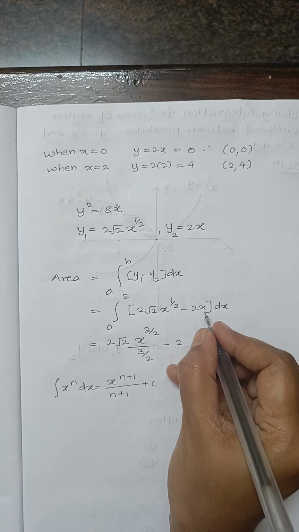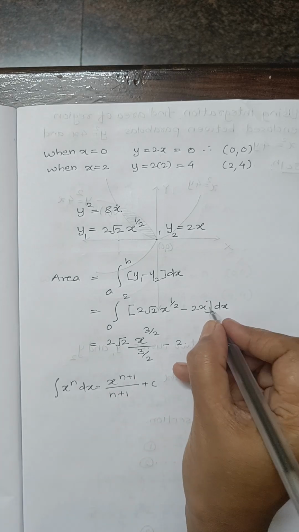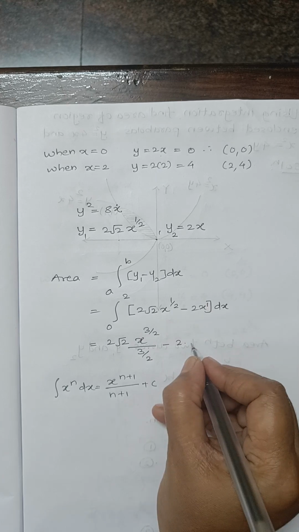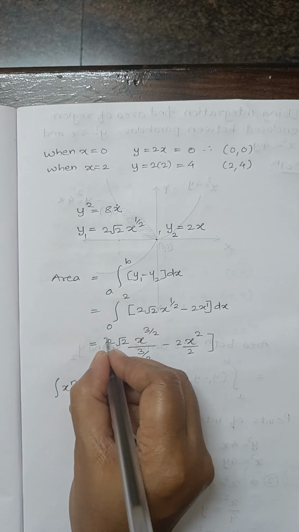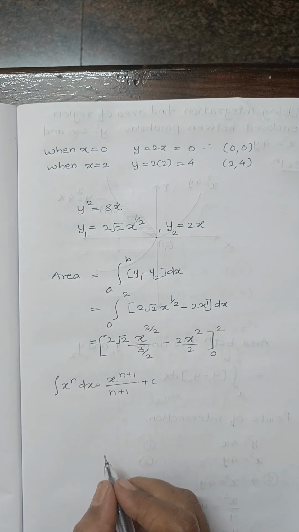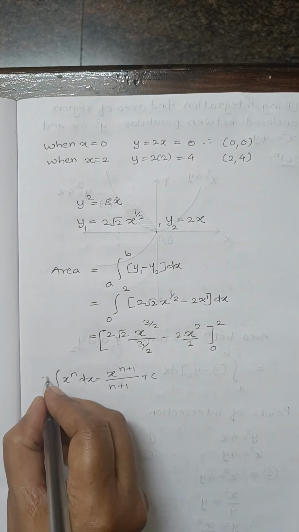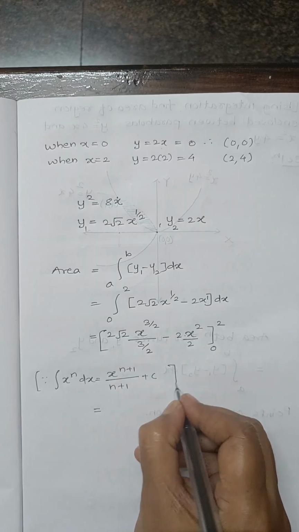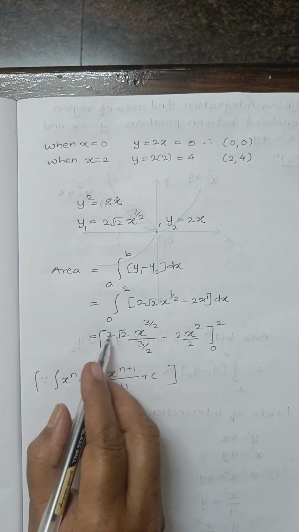minus 2 into the integral of x. Again this is in the form x raised to n, whose integral is x raised to n plus 1 upon n plus 1. Here n is 1, 1 plus 1 is 2. Therefore x square by 2, and the limit is from 0 to 2, is equal to 2 root 2 times this term.